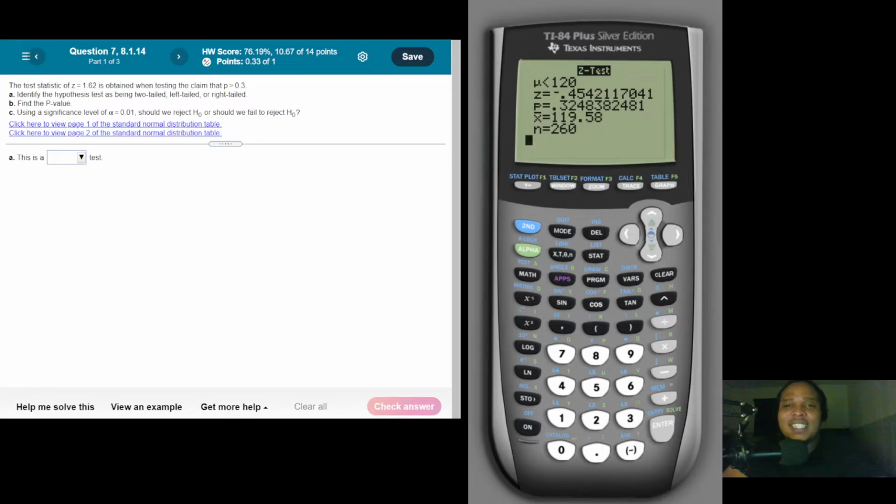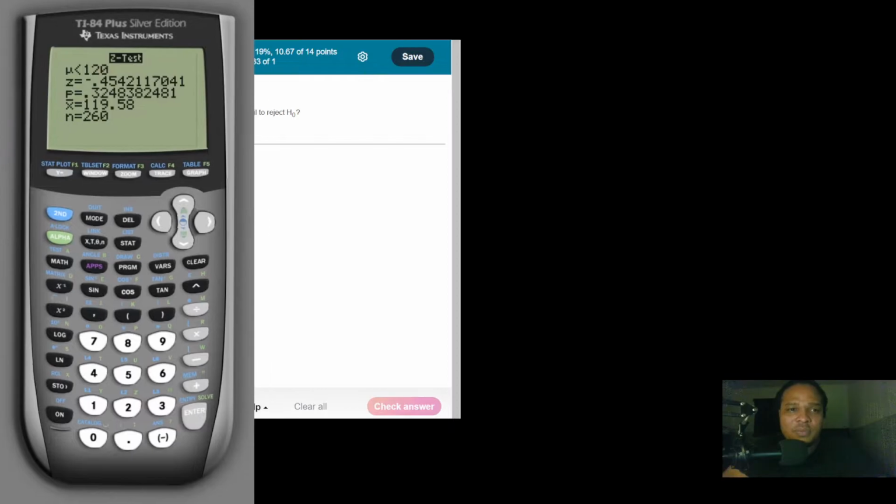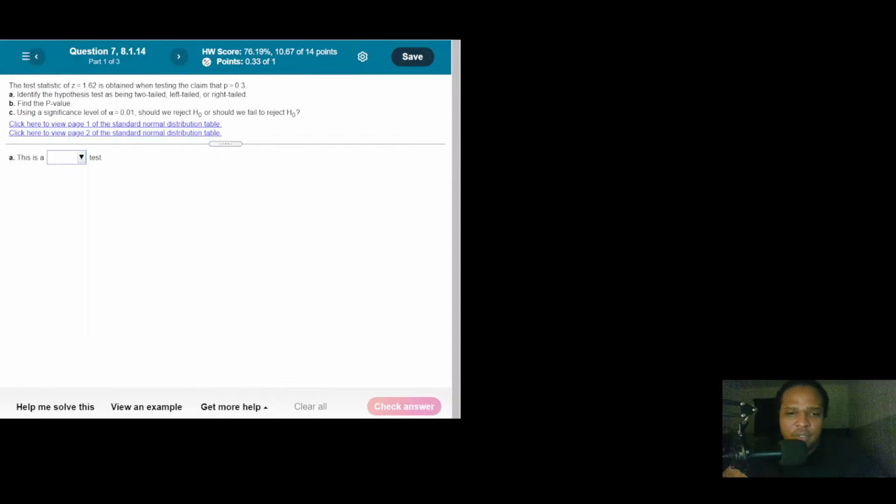So let's go back to describing what a left tail or right tail is. When they start talking about tails, they're talking about the actual graph itself.